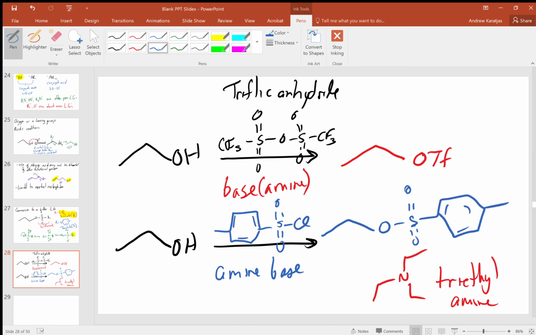Once you've made these compounds, you can easily use them in an SN2 reaction just by adding a nucleophile to them. And many of these sulfonate leaving groups are actually as good as, say, iodide. And iodide, as we'll learn, is already one of the best leaving groups that we have out there.